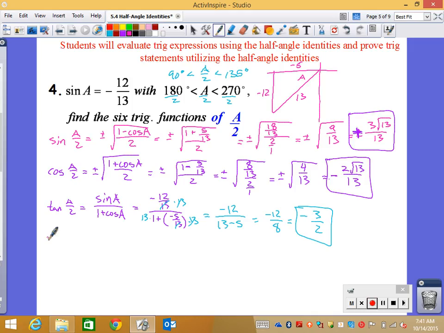Corresponds with sine. My sine was a positive 3 root 13 over 13. Let's flip that. We get 13 over 3 root 13. We need to rationalize that, though, remember? So let's not box that. Remember, we need to rationalize that.